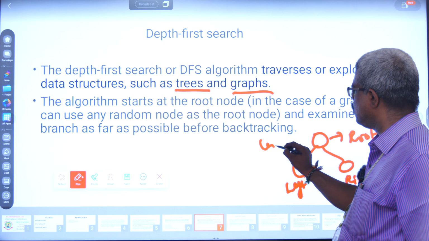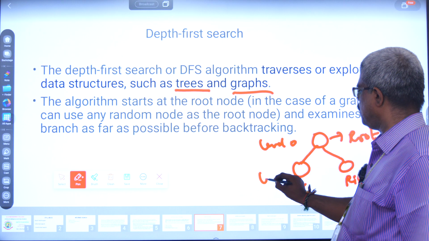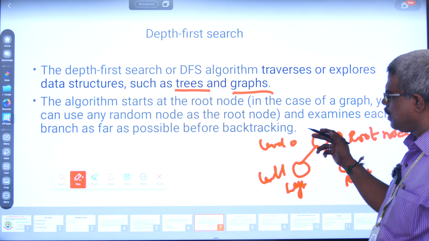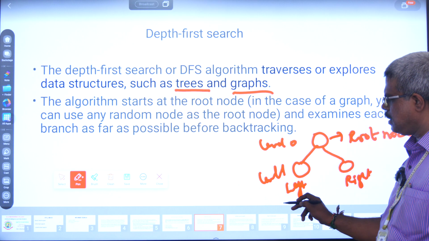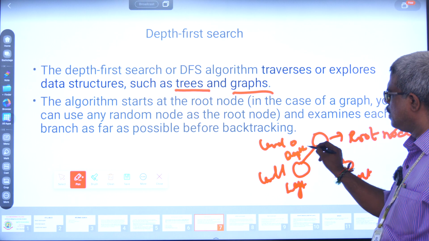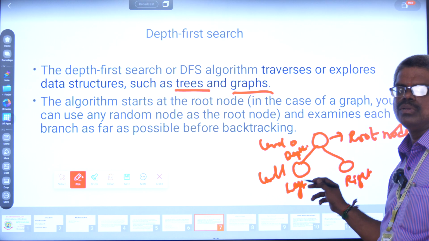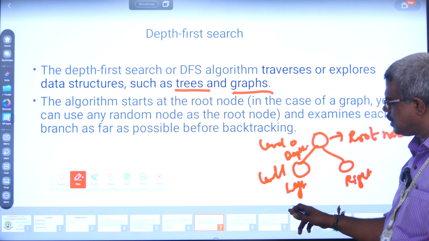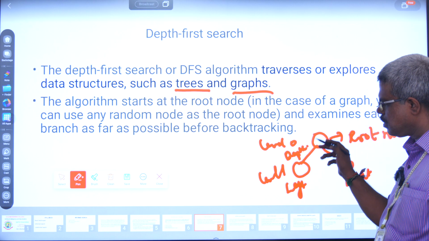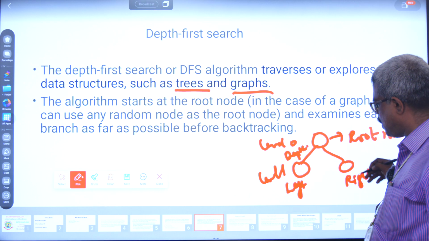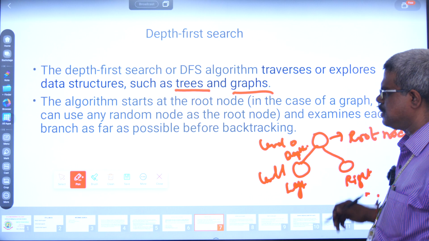This is level 0, this is level 1, and so on. It will be searching only to one side. This is called depth, and this is called DFS. Depth first search means it goes on one side. If the left child is greater, it goes to the left side. If the right child is greater, it keeps on searching to the right side until the destination.